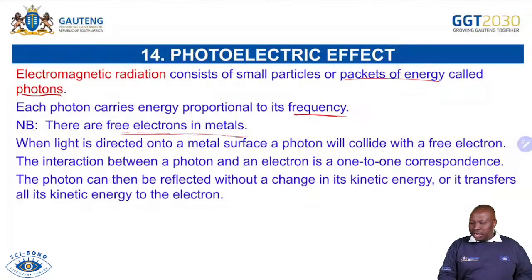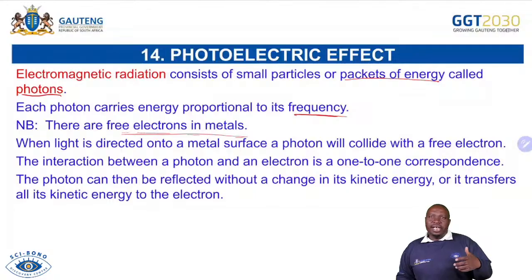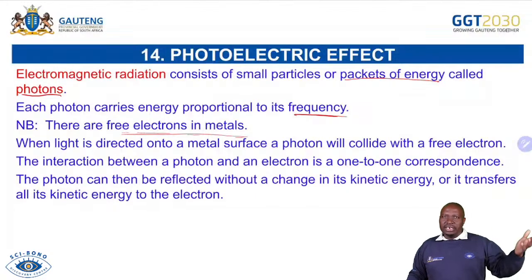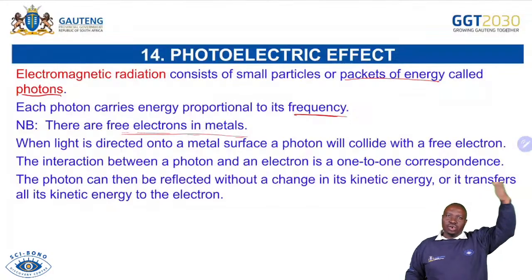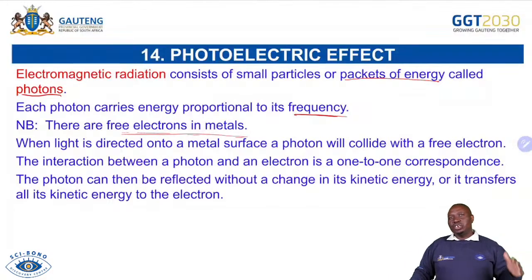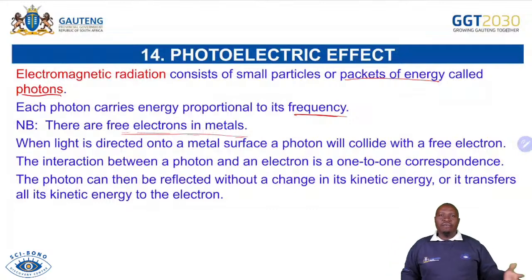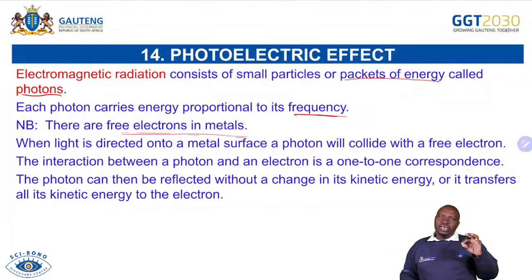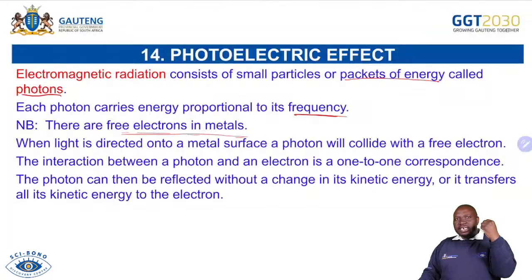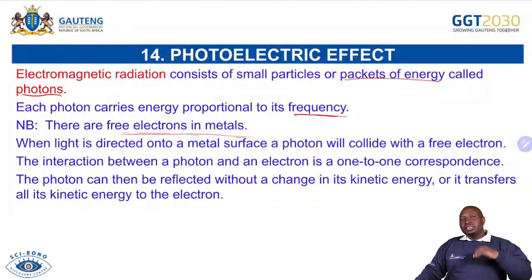Metals have free electrons; remember, we refer to them as valence electrons. Group 1 metals, where sodium is, have one valence electron. Group 2 elements have two. Group 13, where we have aluminium, have three valence electrons and so on. So we take advantage of that. When we bring light, it will be absorbed by the electrons, and when they absorb the energy, they become excited.